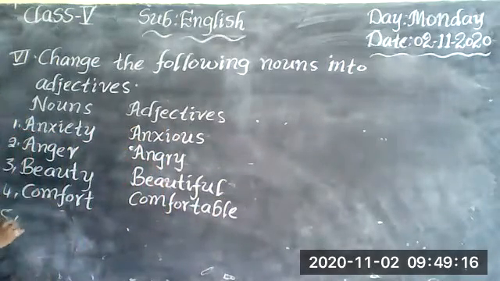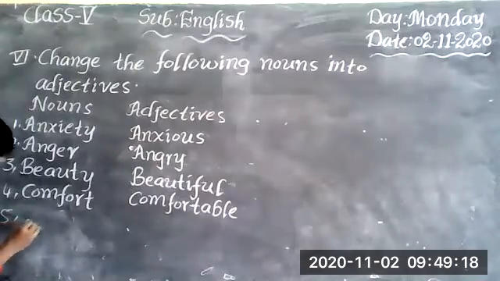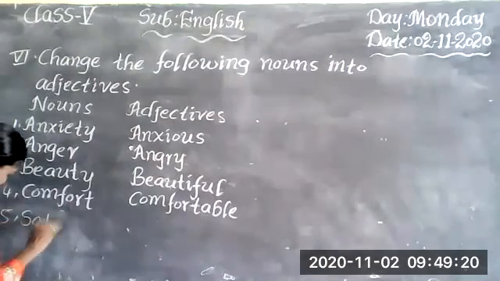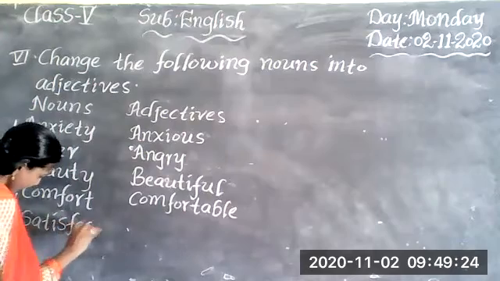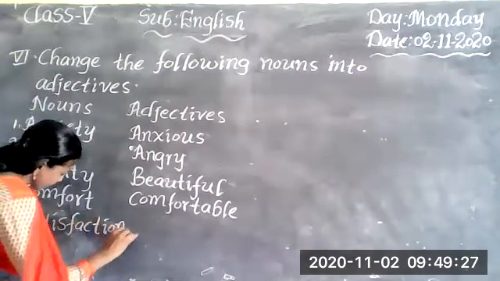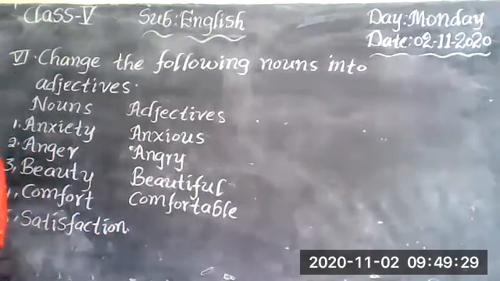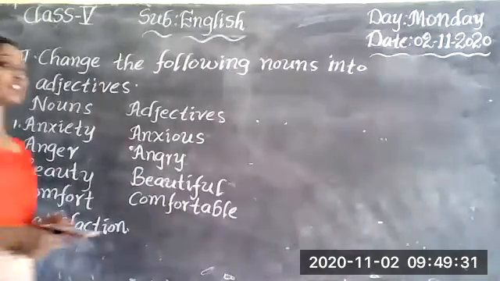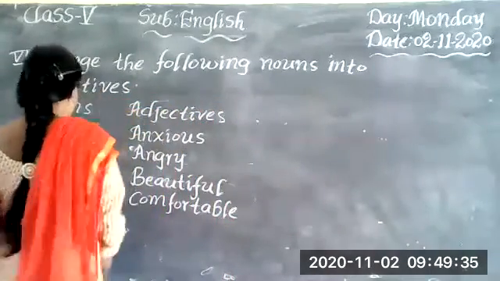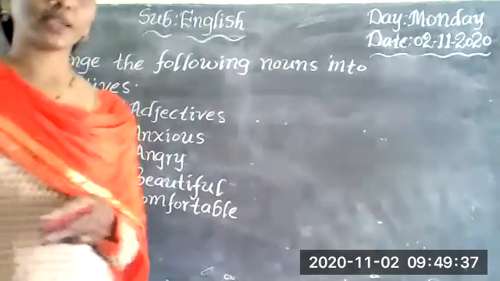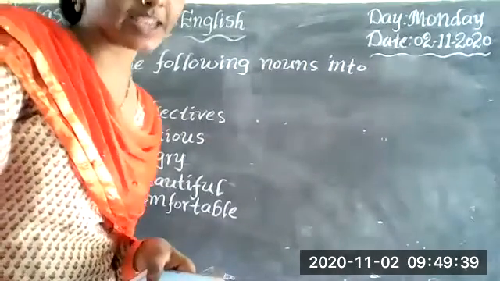Next, fifth one. Satisfaction. Satisfaction is a noun. What is the adjective form of satisfaction? Come on, try to answer. What is that? Satisfactory.